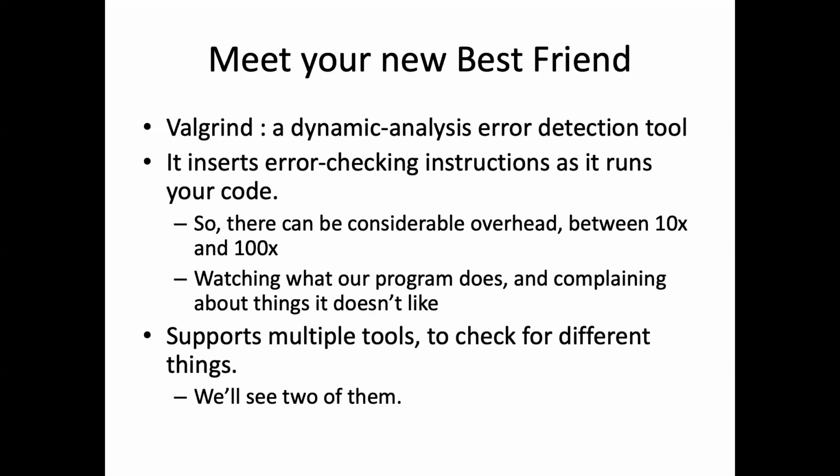And valgrind, at least if you're running on a machine like that, knows that instruction set, and it can take every machine instruction in your program and simulate it so that it can watch what's happening in that instruction. So it is really watching the executable code in your program by simulating or emulating what every instruction does.